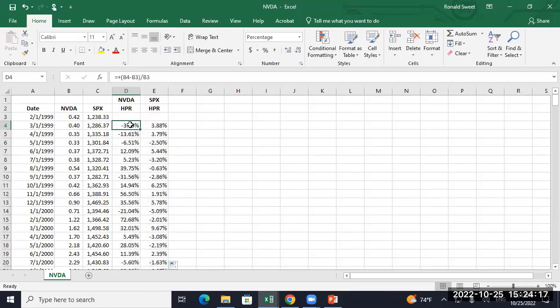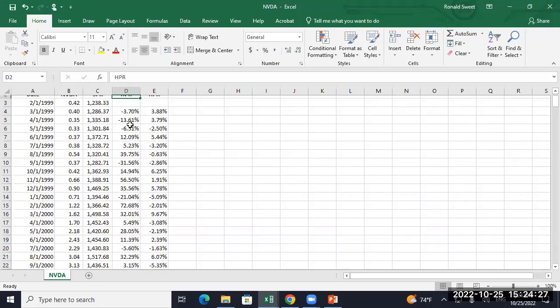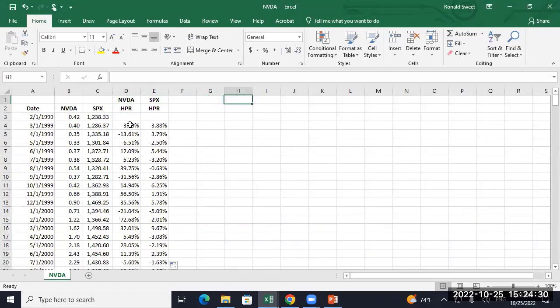So I now have 283 months of data. Can I annualize this average return? I can, right? So what are we going to do? So we got NVIDIA, we got S&P 500. Let's get arithmetic.